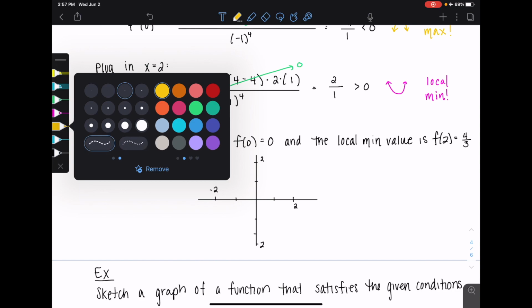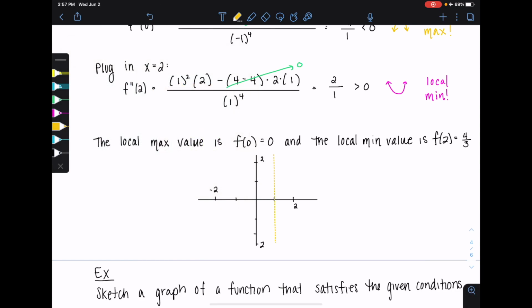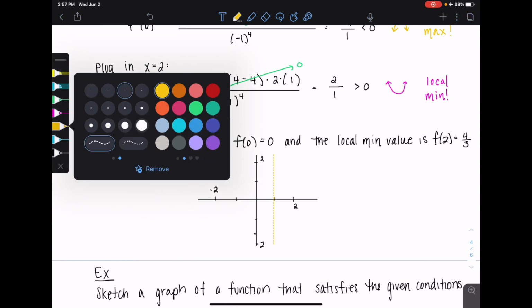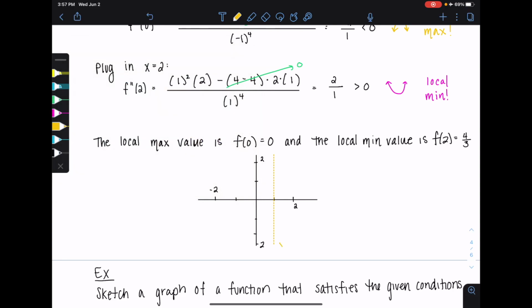So when x equals 1, we have a vertical asymptote. We go through the point 0, 0. We go through the point 2 and 4/3, which is around here. Your graph really ends up looking like this if you were to pick some other points and plot it.